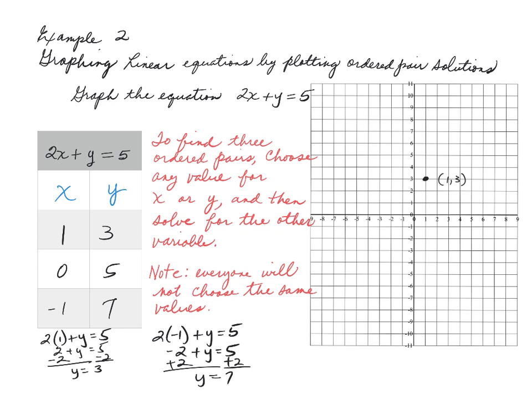Then 0 and 5. 0 in the x direction, 5 in the y is up here. Actually, those 2 points are enough for me to graph a line. But we always do 3 points to check, to make sure we don't do any algebra wrong. So negative 1 and 7 will go up here.